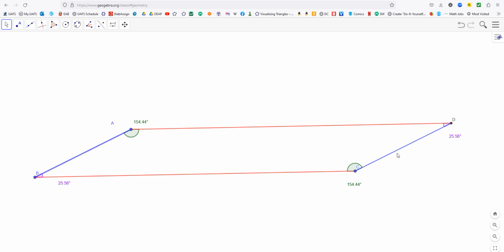But these two lines are parallel, AB and DC, so the angle at D and A must be supplementary. Well, the angle at A is supplementary with angle at B, and it's also supplementary with the angle at D. That makes the angles B and D congruent, same measure. And a similar argument gets C and A congruent.